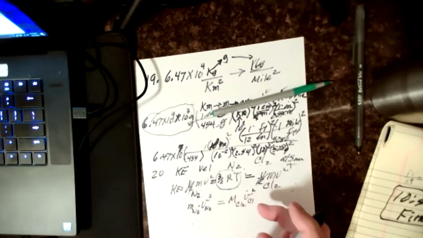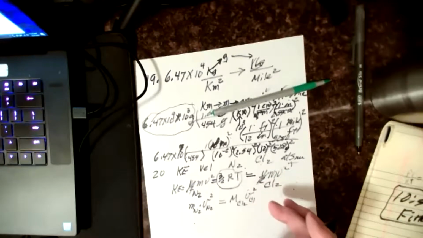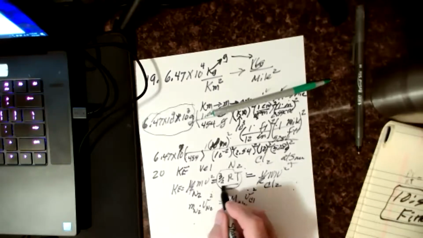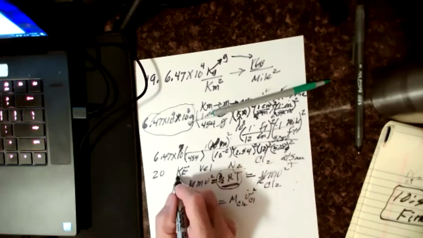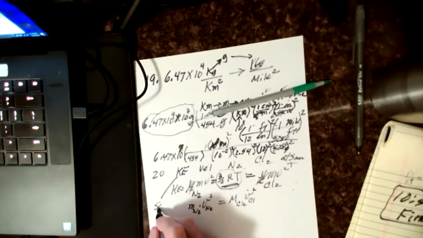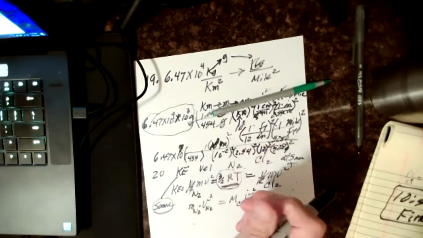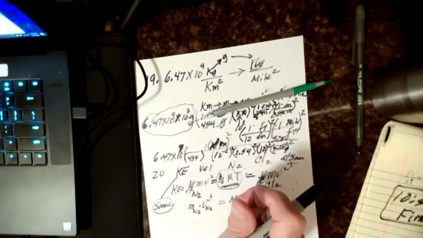That's Graham's law, remember? Just written, and we rearranged it a slightly different way. But the average kinetic energy is just this. So the kinetic energy average is going to be the same for both nitrogen and chlorine if they're at the same temperature.